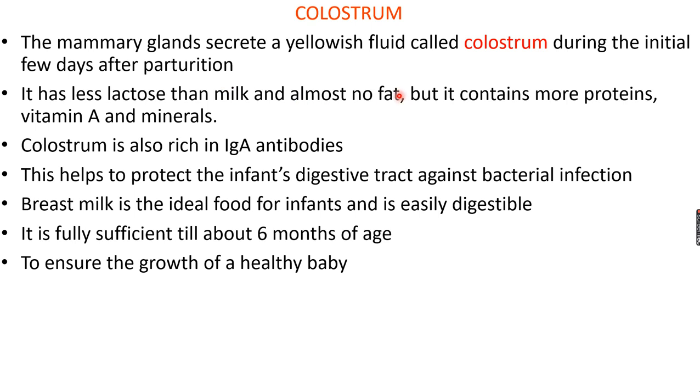It has less lactose than milk, almost no fat, no protein, is rich in vitamin A and minerals, and rich in immunoglobulin A antibodies. It protects the infant's digestive tract against bacterial infection. It is ideal for the infant, easily digestible, and fully sufficient till about 6 months of age.